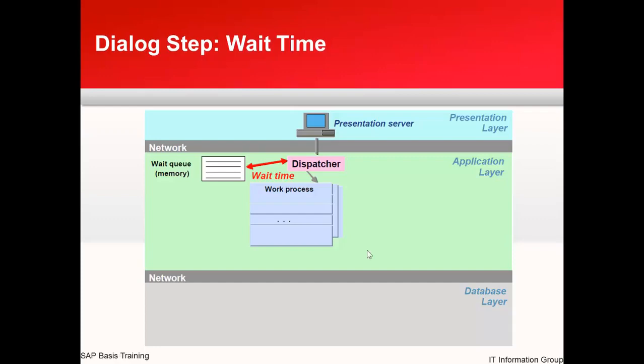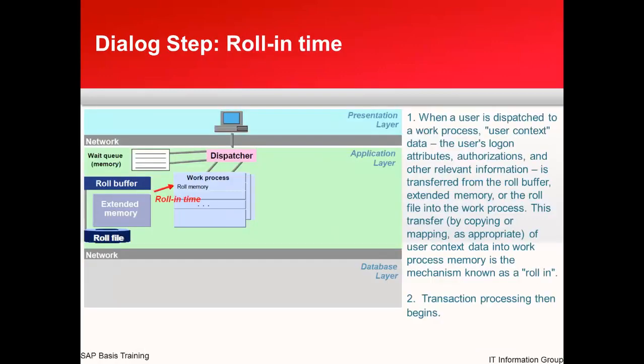Now next is the roll-in time. Basically, when a user is dispatched to a work process, the user context data, that is the user's logon attributes, authorizations, and other relevant information, is transferred from the roll buffer, extended memory, or the roll file into the work process.